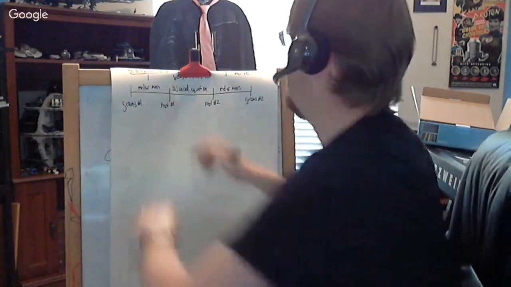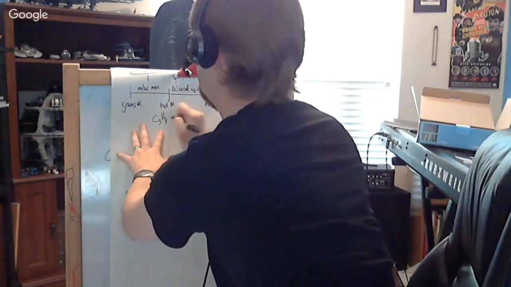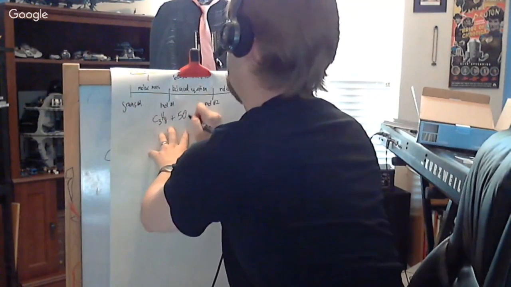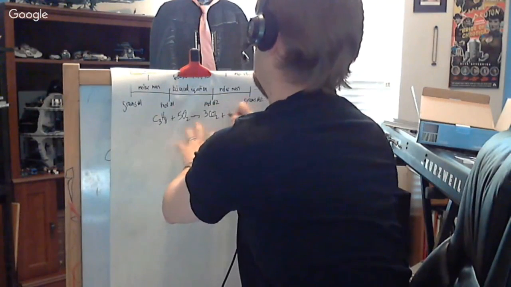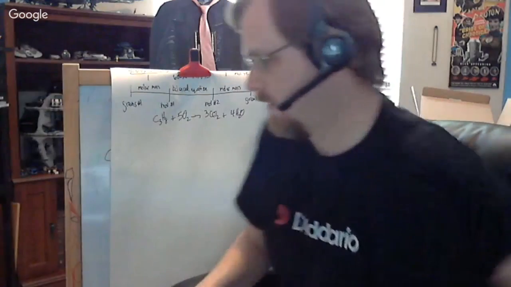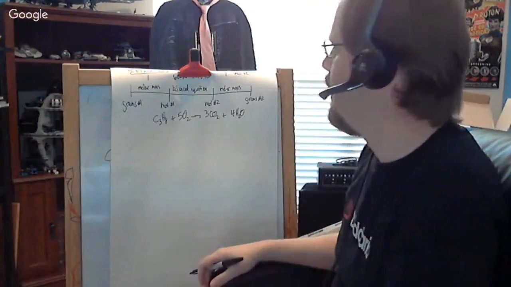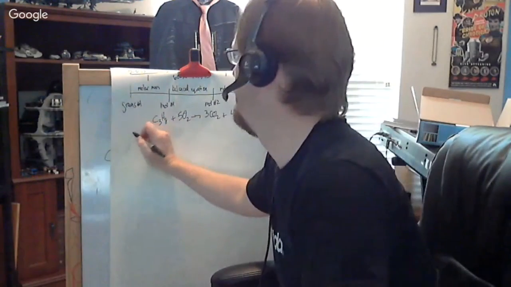Let's say we've got C3H8 plus 5O2 yields 3CO2 plus 4H2O right there.